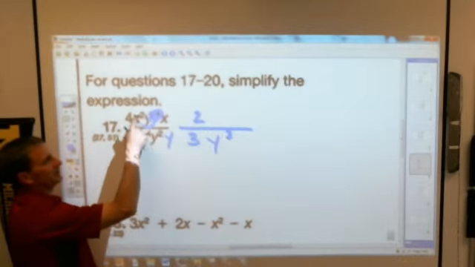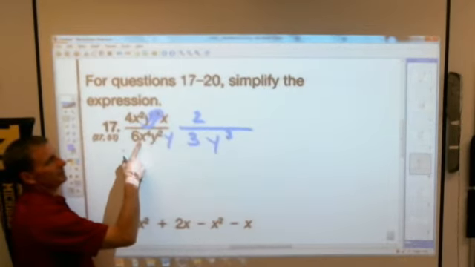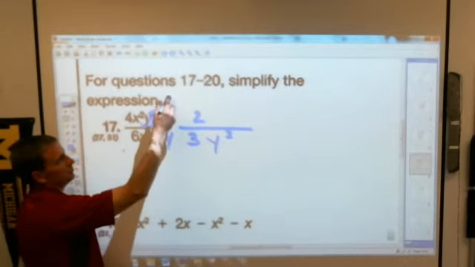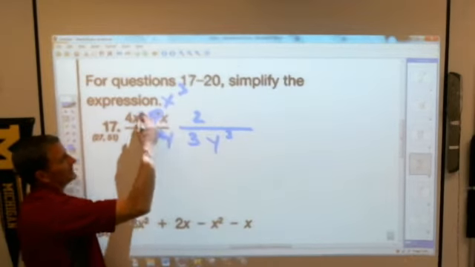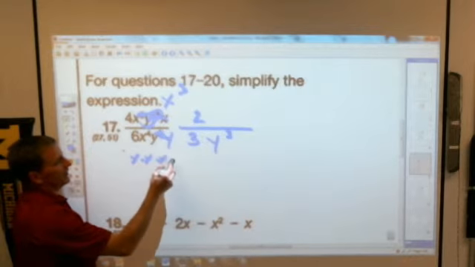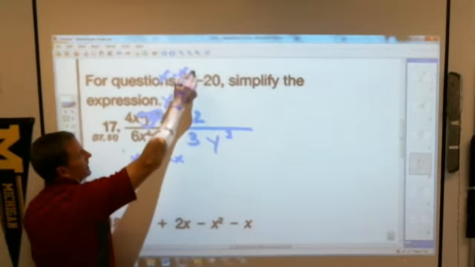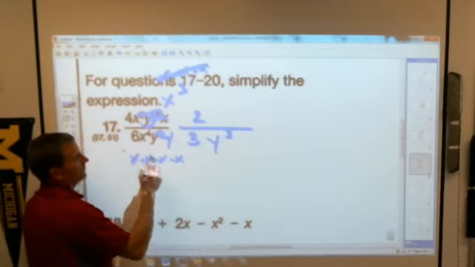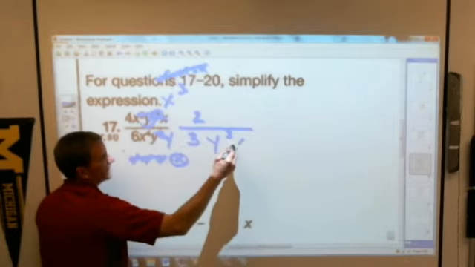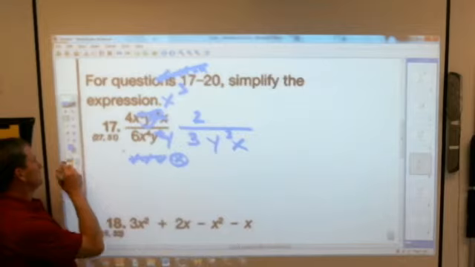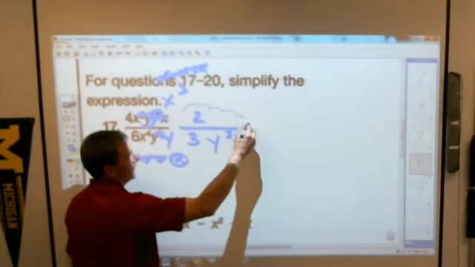And now I'm left with an x squared on top and an x to the fourth on the bottom. Oh, wait, I'm sorry. You have an x squared and an x on top, which means you put those together, you have an x cubed on top and an x to the fourth on bottom. Well, if you have 4 x's on the bottom and 3 x's on top, what's going to happen? These 3 will cross off with those 3, leaving just 1 x left on the bottom. And that, ladies and gents, is your answer. You can do no more than that.